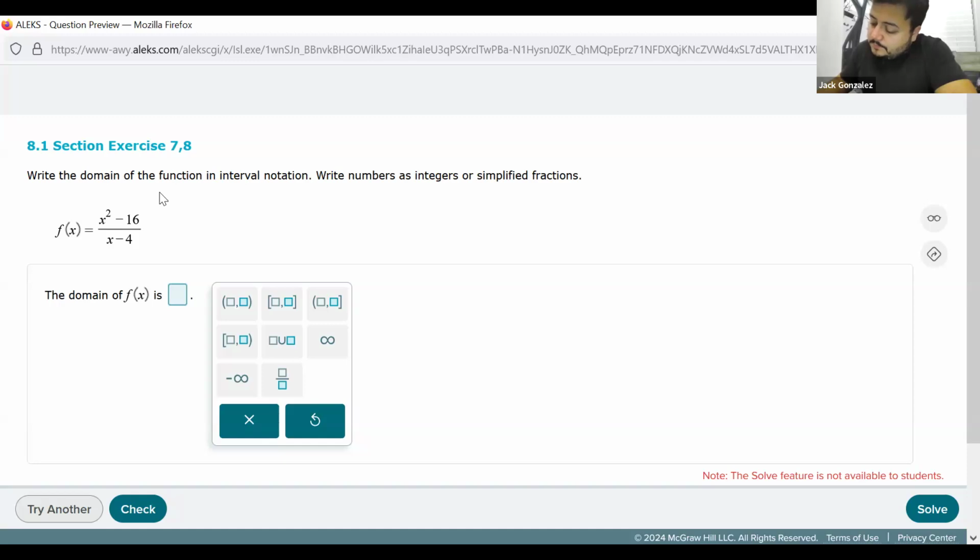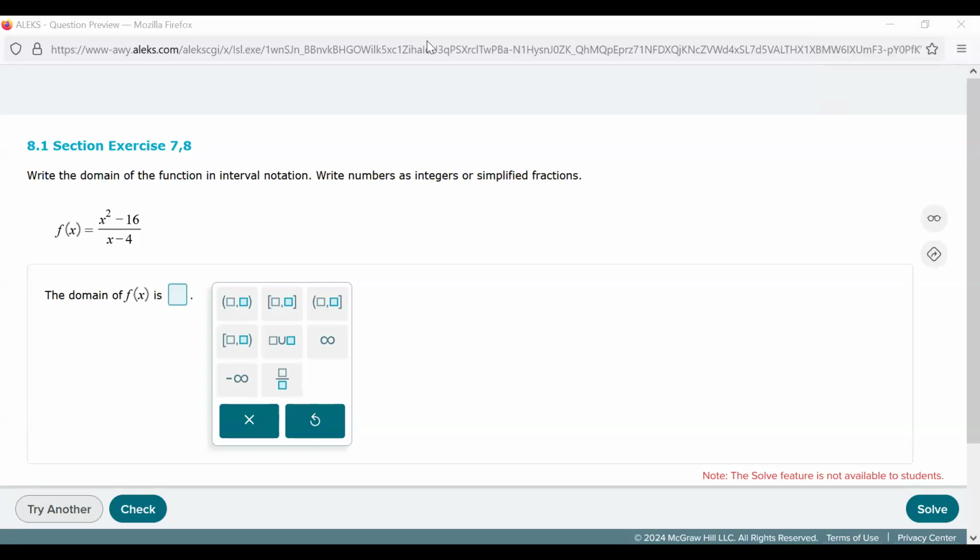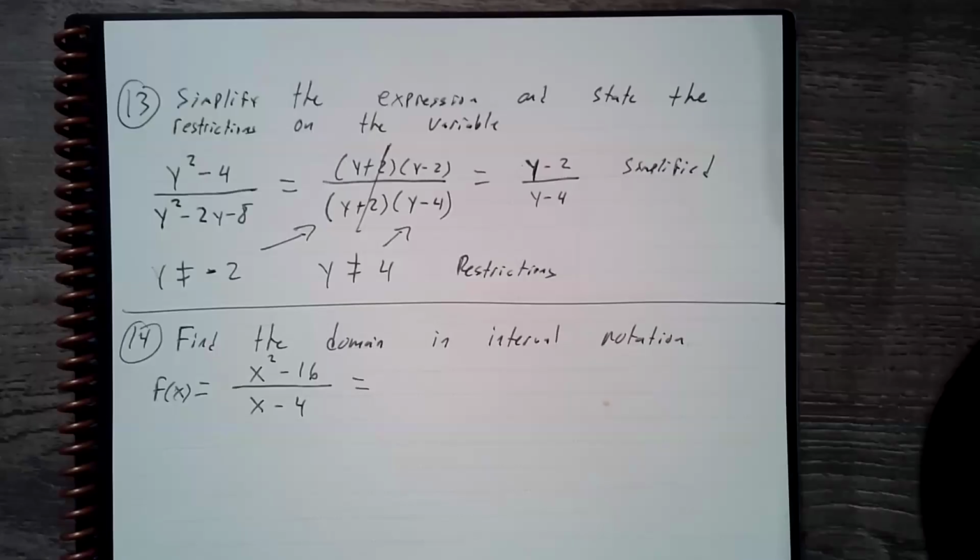Find the domain in interval notation. Is that infinity, or union for negative infinity?